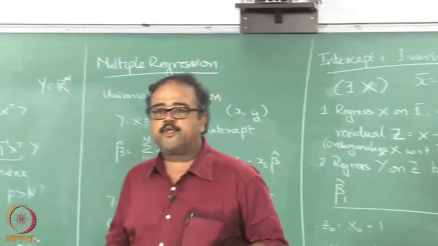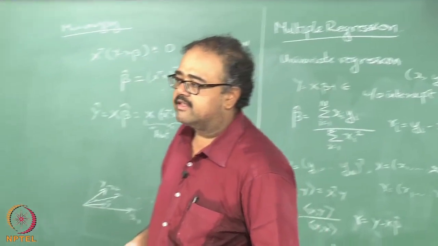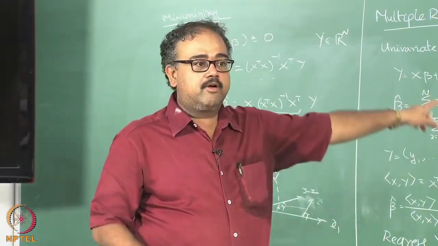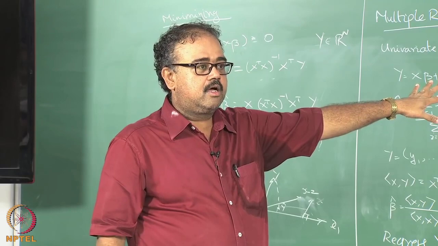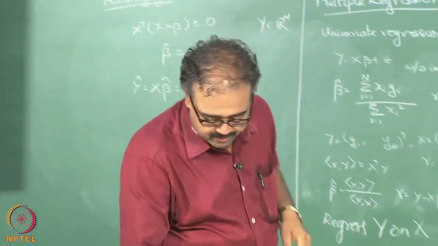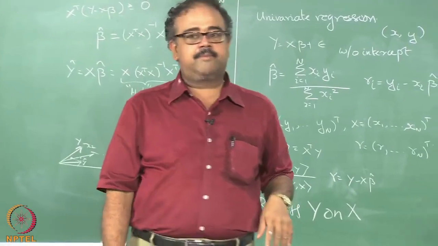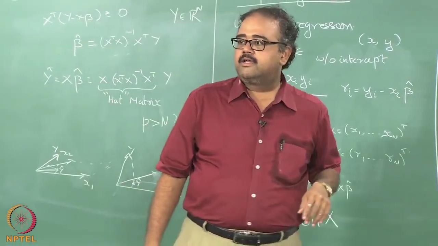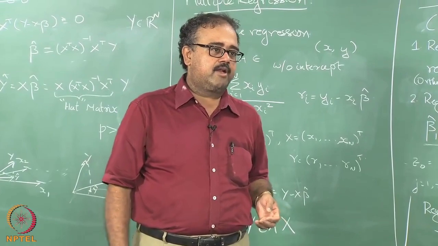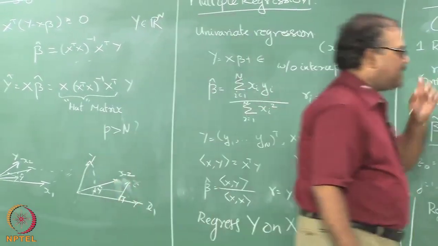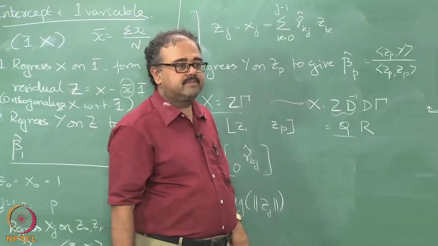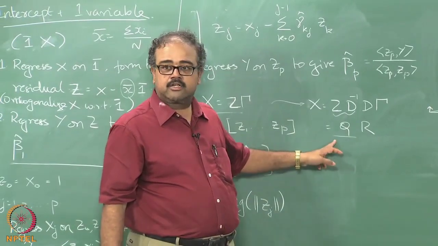So this is called the QR decomposition of X. The thing about Q is it is orthogonal, and R is upper triangular. So this kind of a QR representation of the data matrix essentially gives you some kind of an orthonormal basis. Q is not just orthogonal, it is orthonormal.